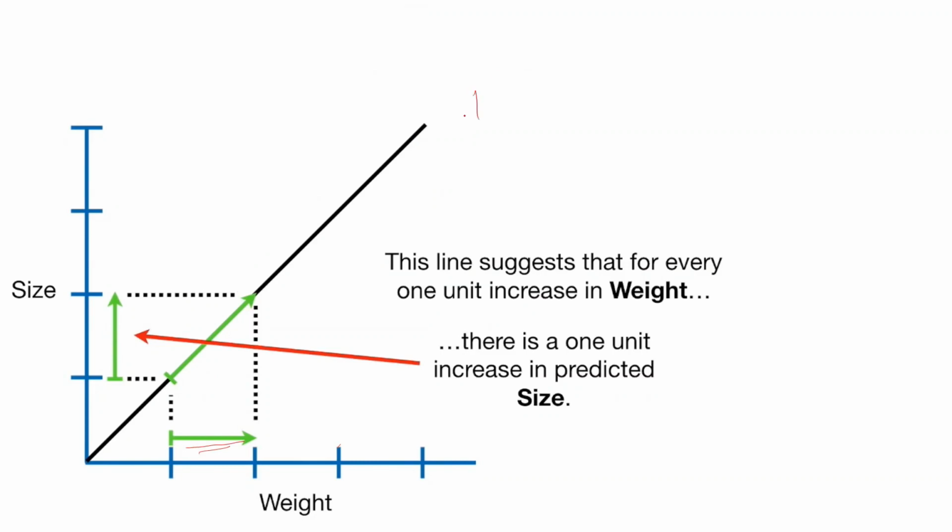If I talk in mathematical terms, this is tan 45, right? But I don't want to go into the mathematics. If this is the best line, with 1 unit change in the weight, the size also increases by 1 unit. It is exactly similar, right?